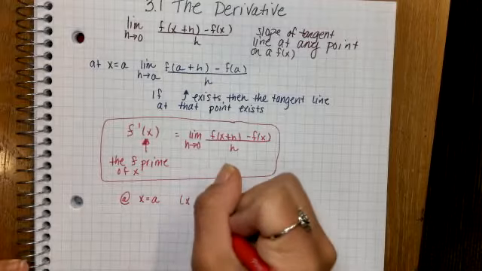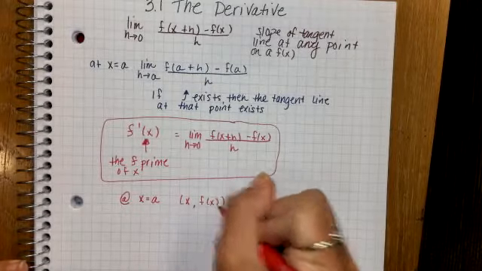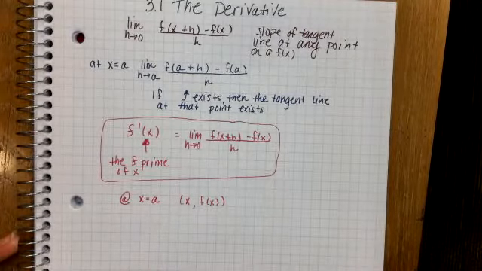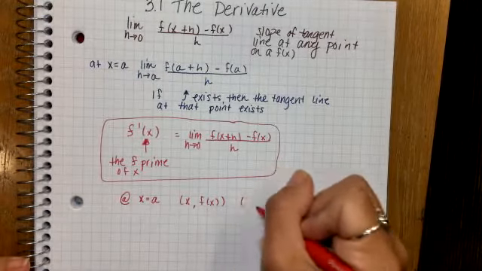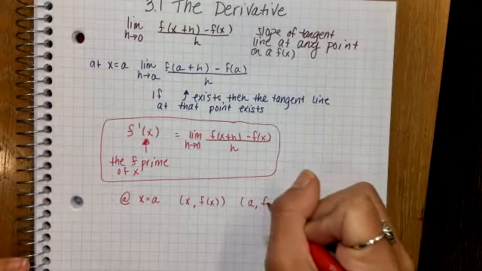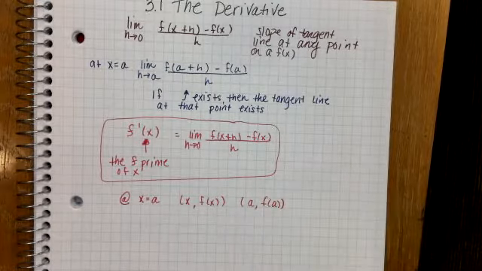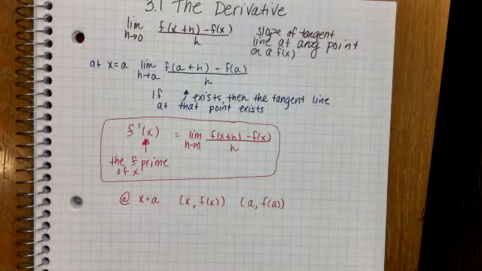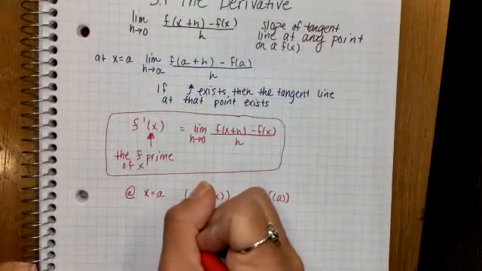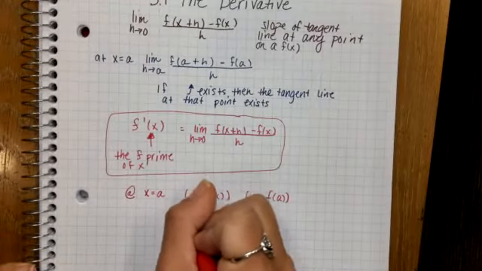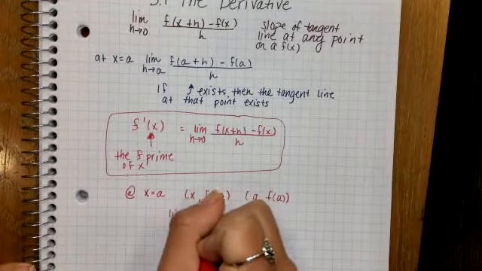All right, well, you have some function. The point is x, f of x, and you have another point, a, f of a. How do you find the slope between these 2 points? So we would say the limit as x approaches a.